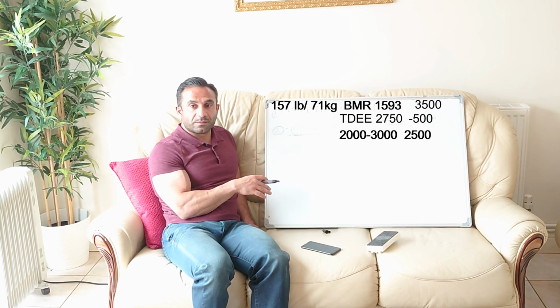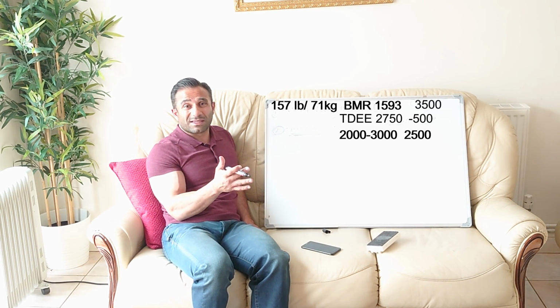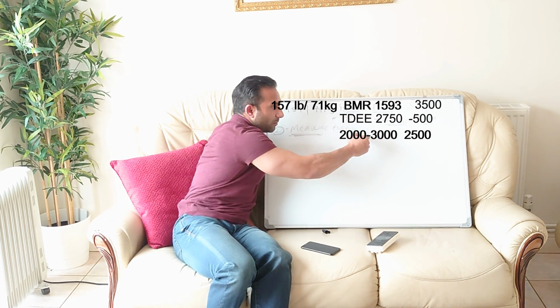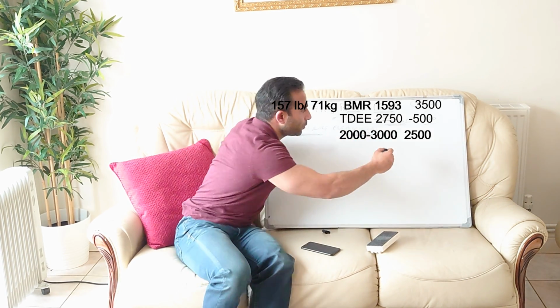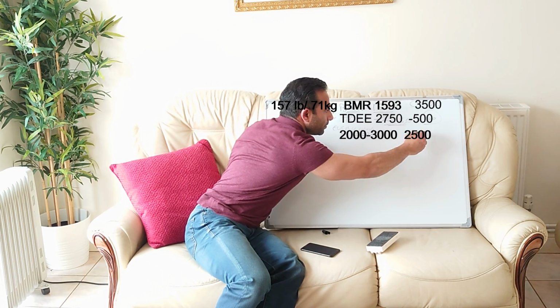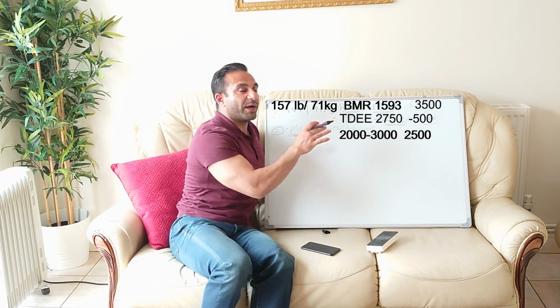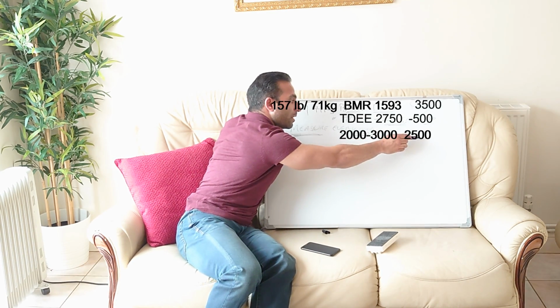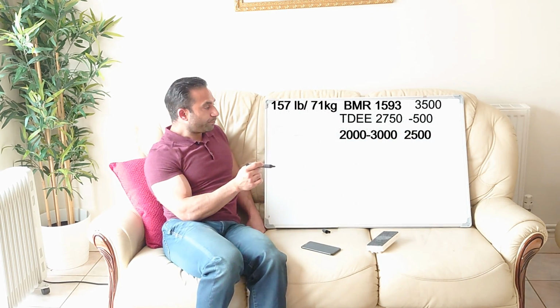I'm sitting at home. I'm making a lot of trips to the kitchen, like everybody else I suppose at the moment. So my calories are all over the place. But if I average that out, that comes to 2,500. Okay? And my weight is holding steady. So that is roughly my maintenance calories.